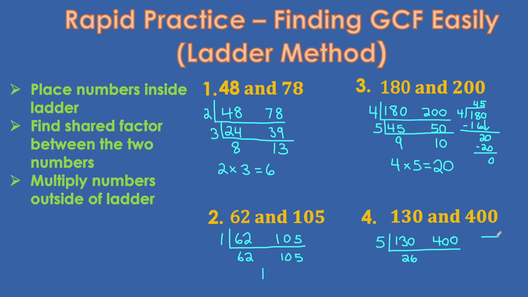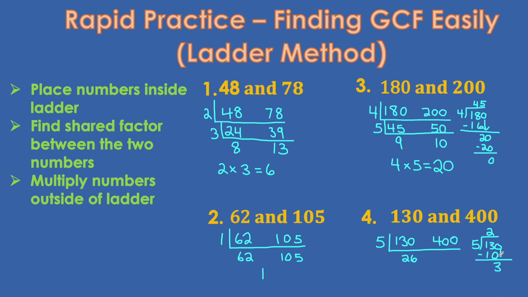You can divide here if you need to. So if we divide 130 by 5, 5 goes into 13 2 times. 2 times 5 is 10. Put a subtraction sign. 3 minus 0 is 3.